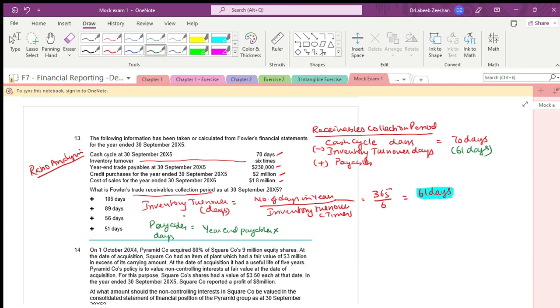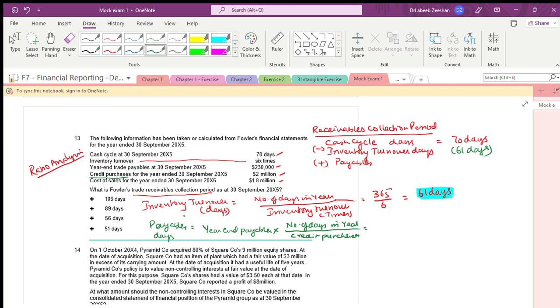See, where will payables come from? Payables will come from credit purchases. Payables times the number of days in a year, divided by credit purchases.